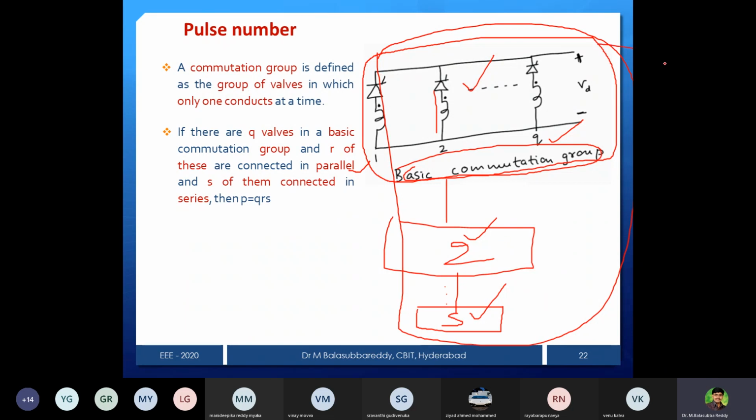Like that, to improve our current waveform, you can also connect a number of these groups in parallel. How many do you have to connect in parallel? Let it be r number of sets. This is one basic group, and there is another basic group, and so on.